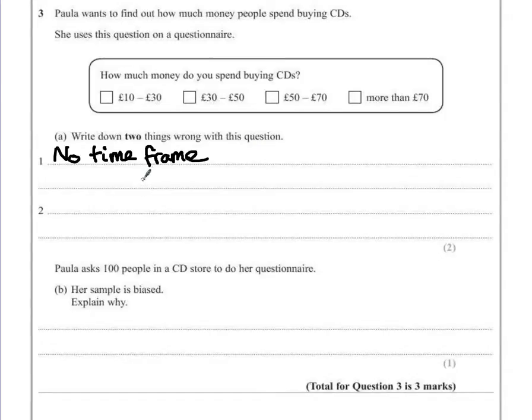Now there are a couple of other things which are quite common for questions like this, and the one I'm going to write down is the fact that there is nothing less than 10. There are missing values. So if I only spend £5 on CDs, then I wouldn't be able to answer this question. Now it could have been a logical choice to say start with £10 because CDs generally will tend to go from £10 upwards.